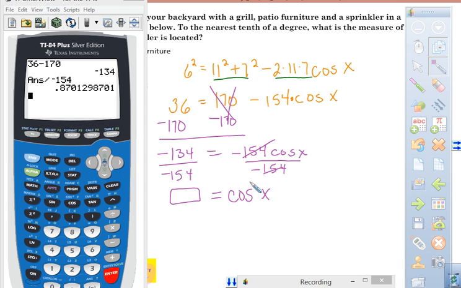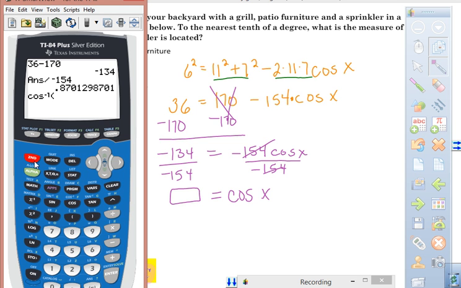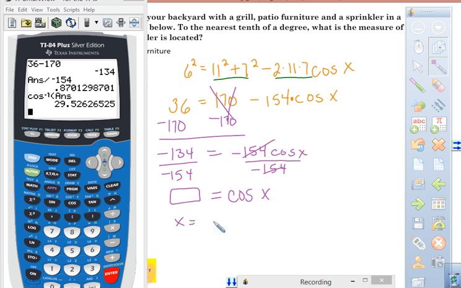So now to get rid of the cosine, I need to take the inverse cosine. So x is equal to the inverse cosine of 0.8701. So then my calculator gives me about 29.5 degrees for my angle. And that's why this one is a step harder. When you don't know what the angle is, then you have a little more work involved with your problem.